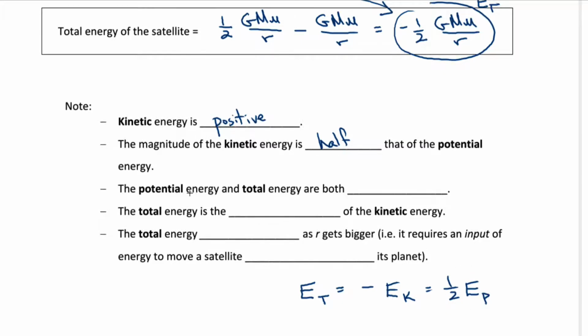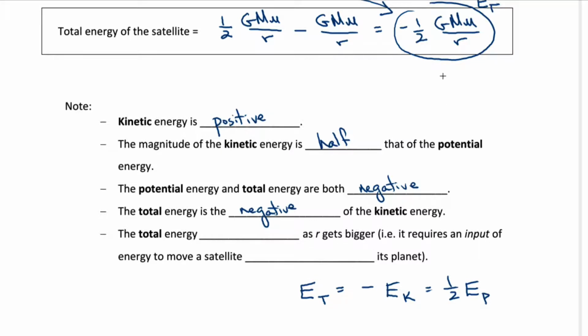Also, the potential energy and the total energy are both negative. In contrast to the kinetic energy, which is positive, the potential and the total energy are both negative. Also, the total energy is the negative of the kinetic energy. As we saw above, the kinetic energy was 100 joules, the total energy was negative 100 joules.